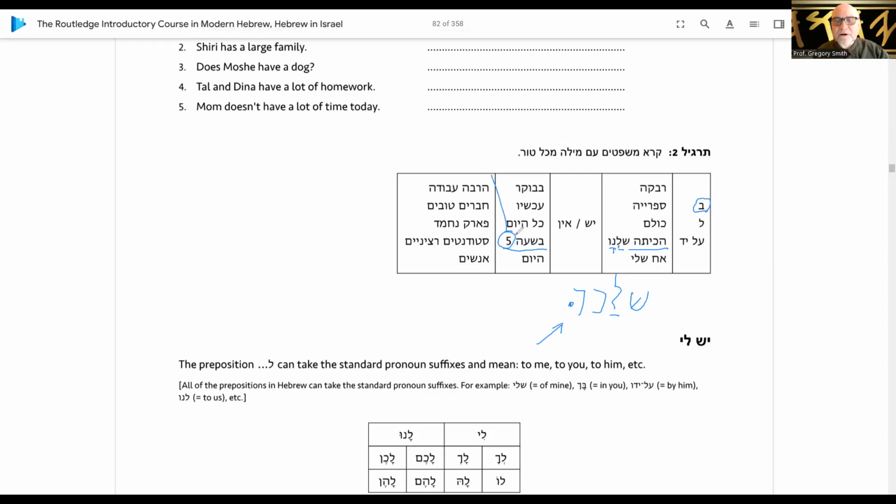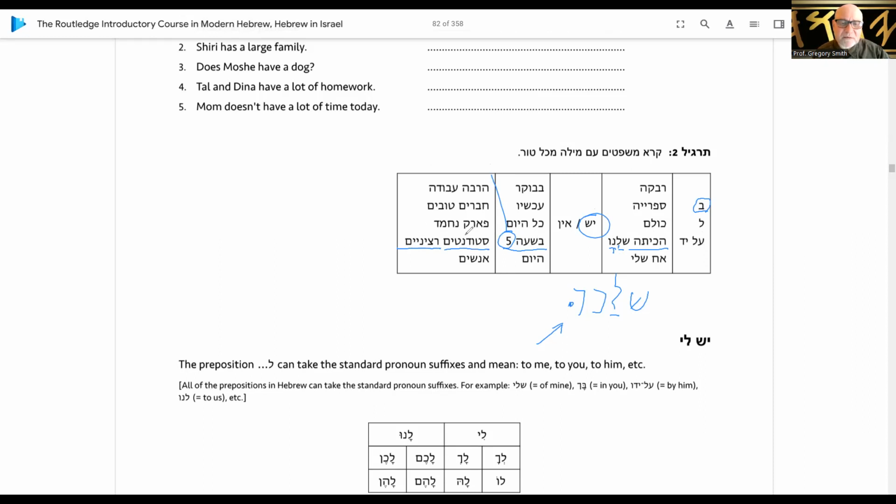I'd like to see that written out. So in our class, bakita, there is at 5 o'clock, studentim retzinim.